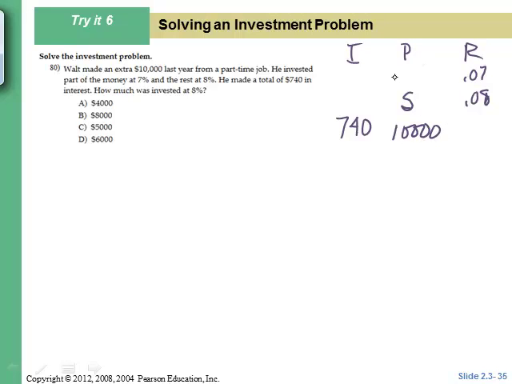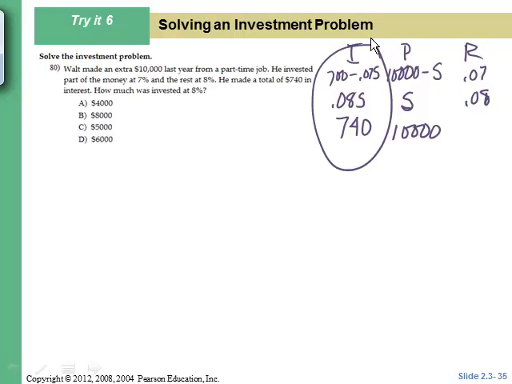So the first principal was 10,000 minus S, and the interest was 0.08 S, and 700 minus 0.07 S. We're going to add these together to get our total: 700 minus 0.07 S plus 0.08 S equals 740.